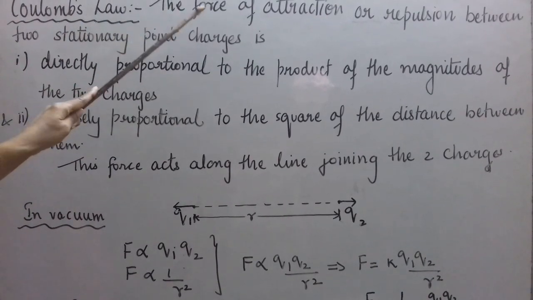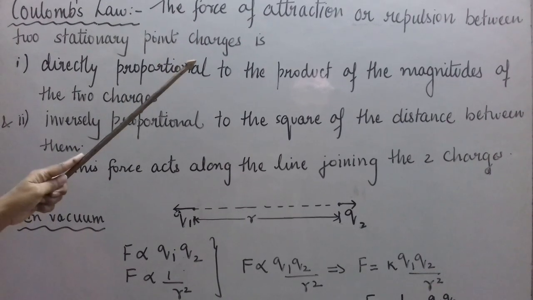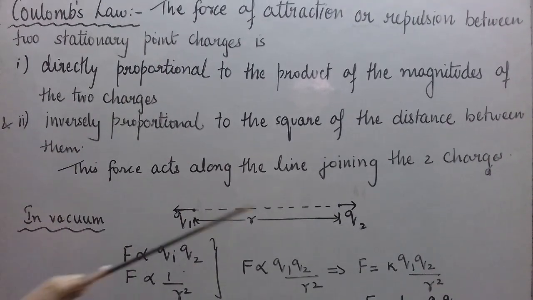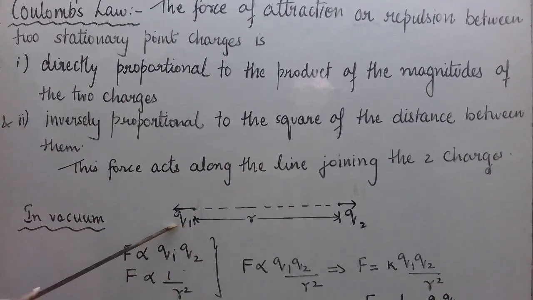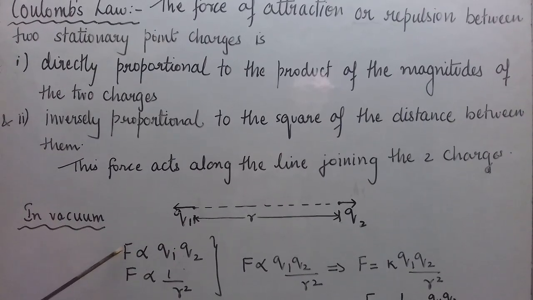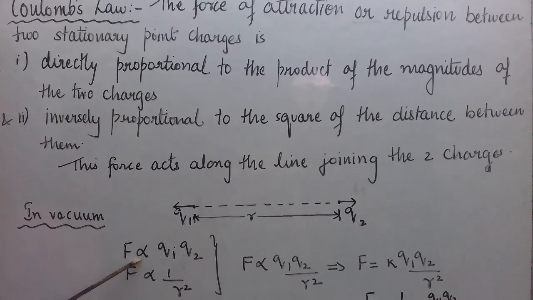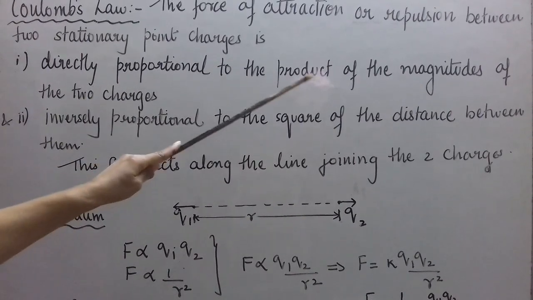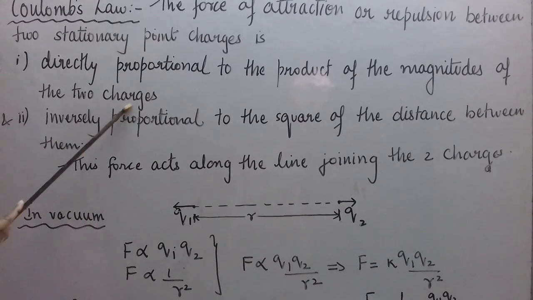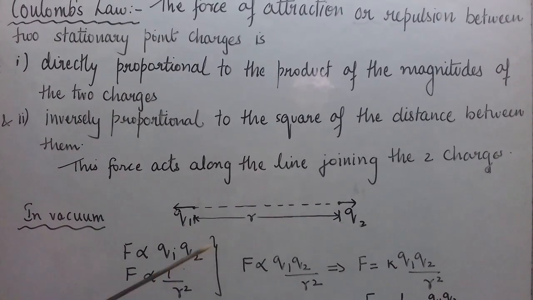This electrostatic force can be attractive or repulsive, because it depends on the signs of the two charges. So this electrostatic force of attraction or repulsion, which we represent by F here, will be proportional to the product of the magnitudes of the two charges, so proportional to Q1 into Q2.